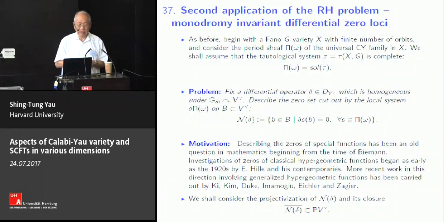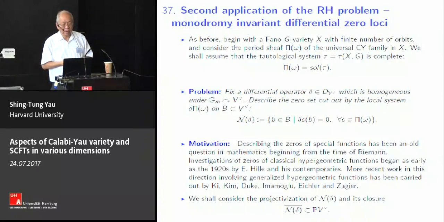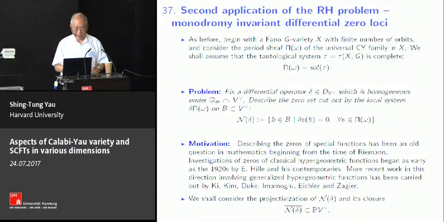And we assume the tautological system is complete. So you solve exactly the period integral. Then we are interested in subvarieties on B which are invariant under monodromy. And we fix a differential operator in the ring of differential operators on V hat, which is homogeneous under the group G_M acting on V hat.